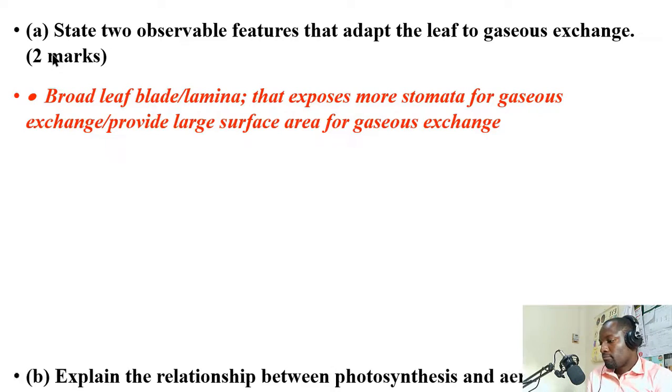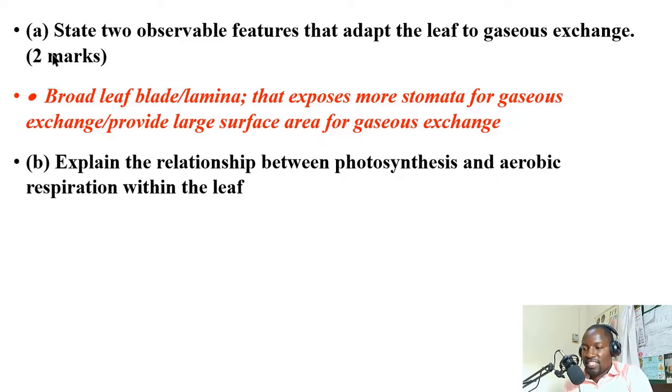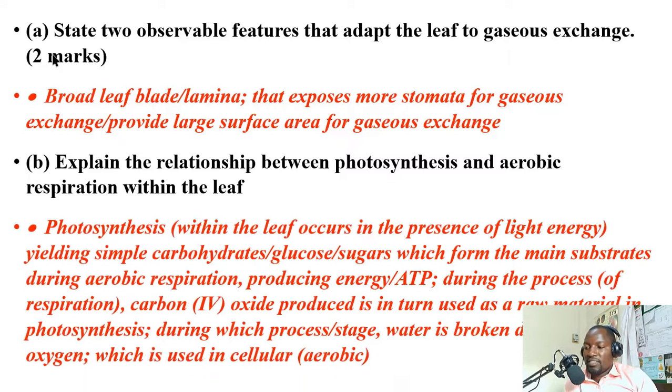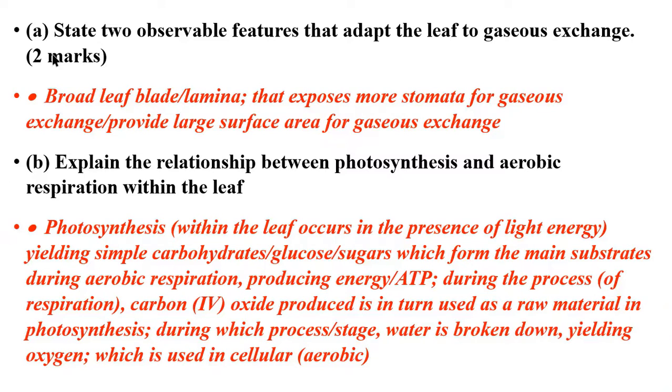Then explain the relationship between photosynthesis and aerobic respiration within the leaf. Photosynthesis within the leaf occurs in the presence of light, yielding simple carbohydrates, that is glucose sugars. These form the main substrates that are used during aerobic respiration, which produces energy in the form of ATP.